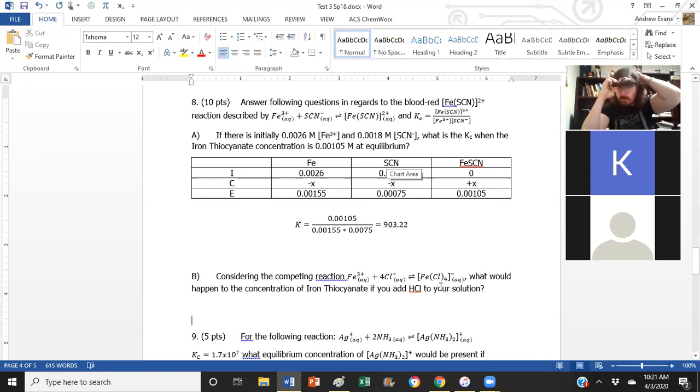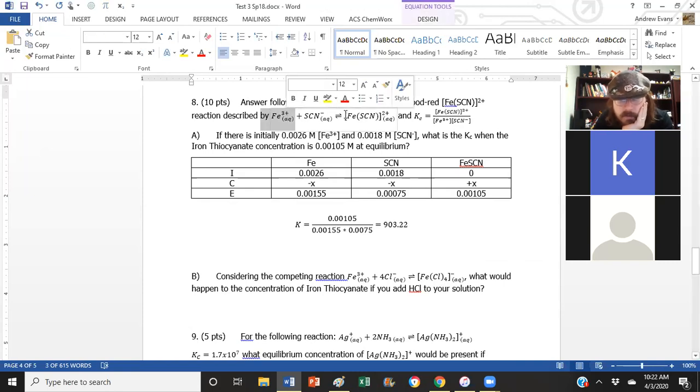Now, with that in mind, if I remove a reactant, iron, if iron concentrations go down, what will happen to the products? Well, if reactant goes down, the reaction will swing left. If it swings left, we lose product to reform and replace the lost reactant.